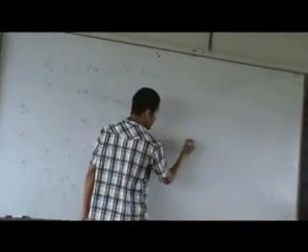Looking at the second property, union of tau. Is it an element of tau? Yes, because let me give a geometrical representation of union.